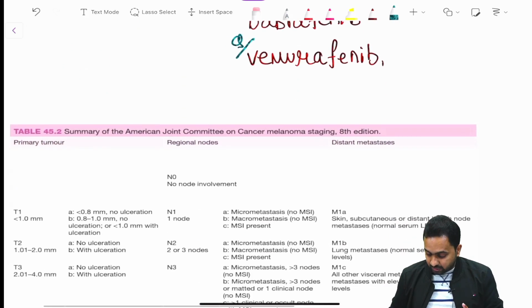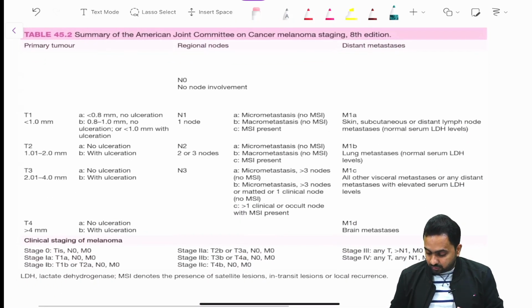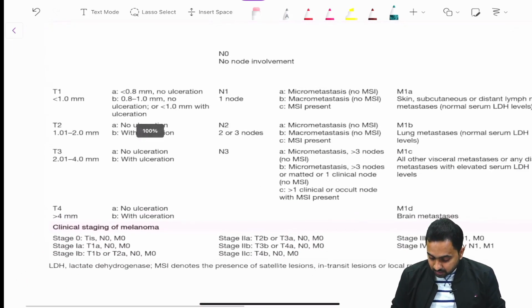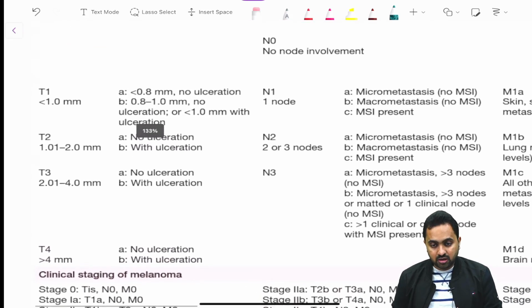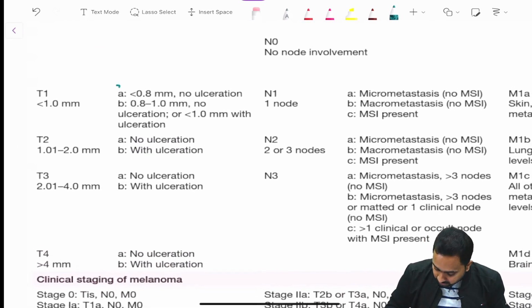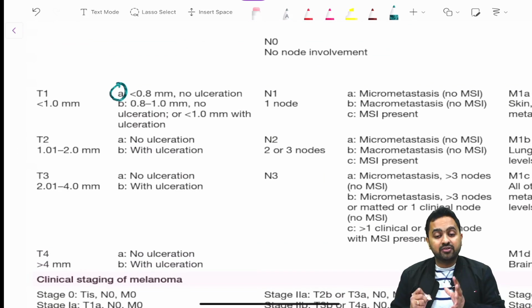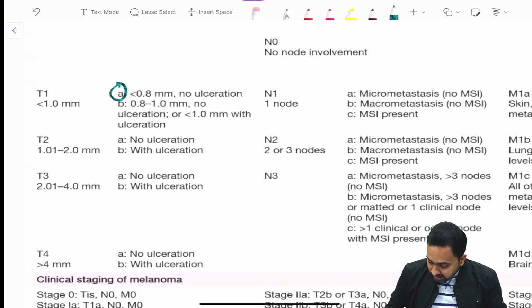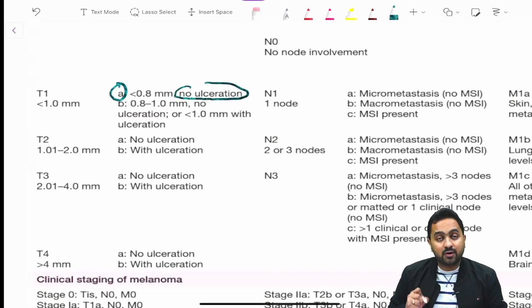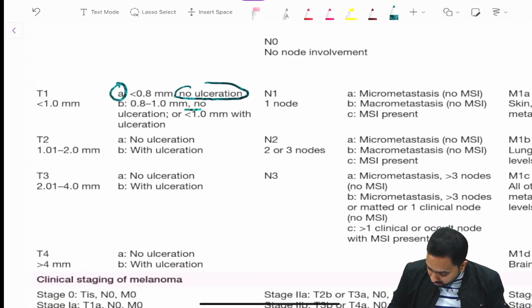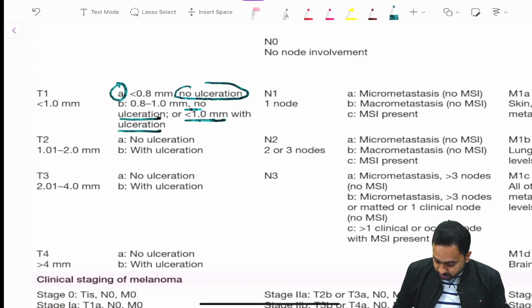Now, regarding your staging of your malignant melanoma, we have your T1 staging, right, which is A. T1 in general is less than 1 mm. T1A is 0.8 mm with no ulceration, and T1B is 0.8 to 1 mm with no ulceration, or less than 1 mm with ulceration.